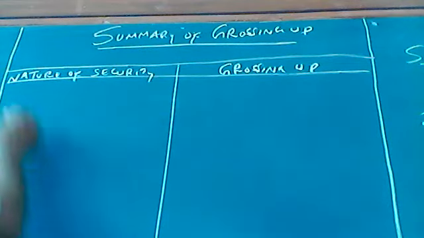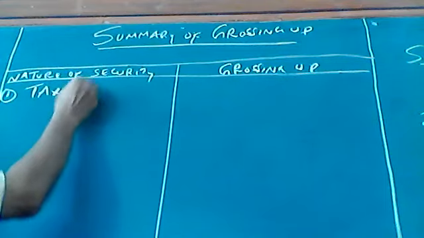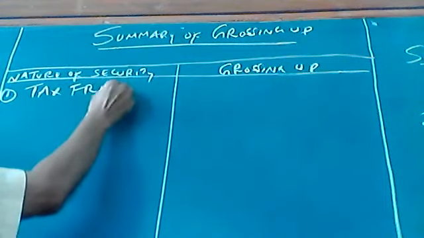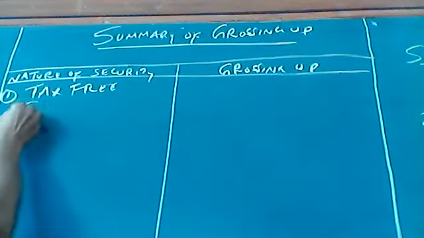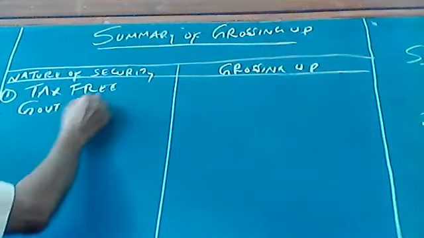Now, the first type of security: tax-free government security. Government means state government or central government.